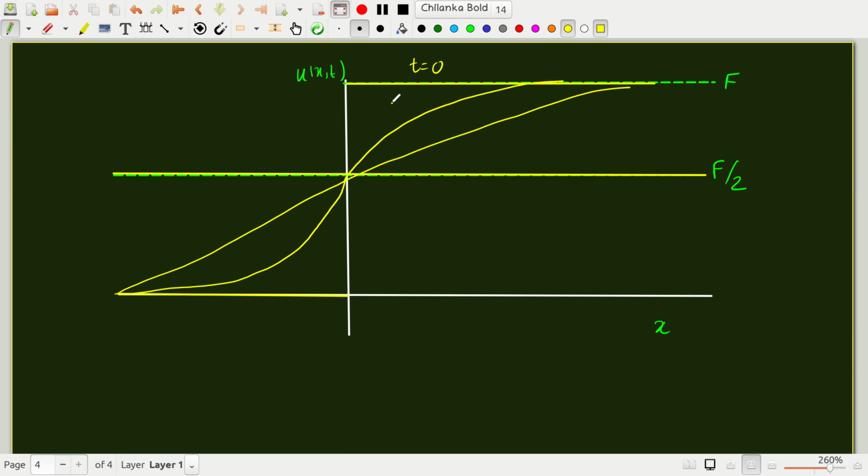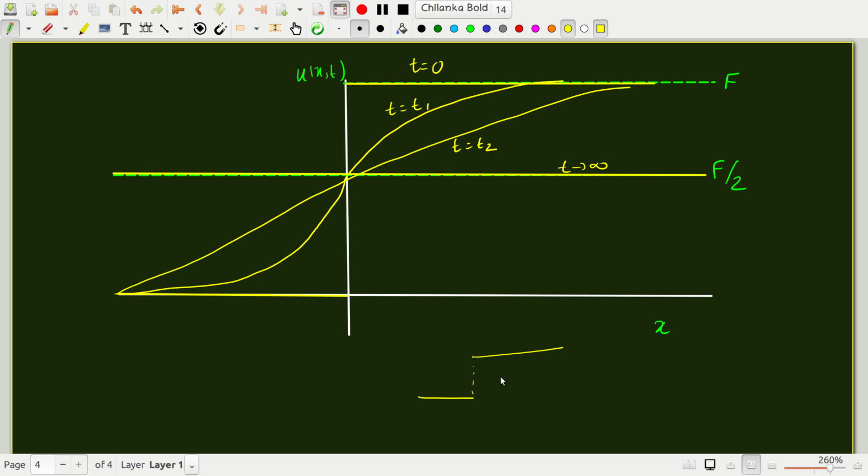Now at time t equal to t1, which is slightly greater than 0, the temperature profile will be like this, and at time t2 it will be like this, and eventually as time t goes to infinity, the temperature profile will become flat. That is, the nature of diffusion is to remove any discontinuities.